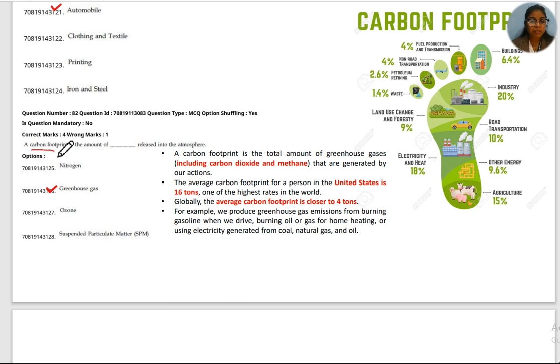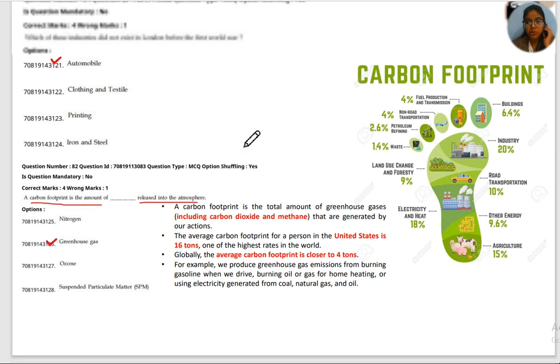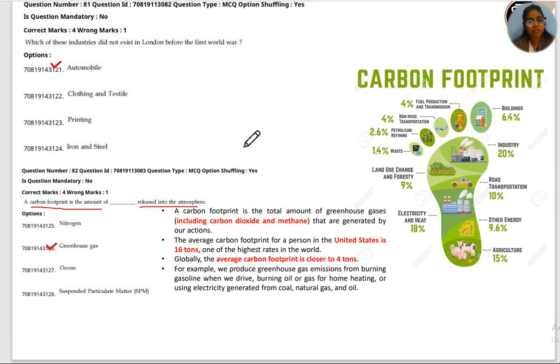Next question is, a carbon footprint is the amount of dash released in the atmosphere. So the question is asking what your carbon footprint is: the amount of greenhouse gases released in the atmosphere is known as your carbon footprint. So the carbon footprint is the total amount of greenhouse gases, including carbon dioxide and methane, that are generated by our actions.